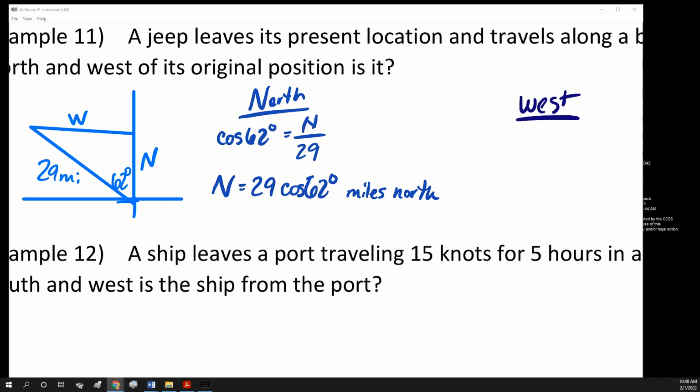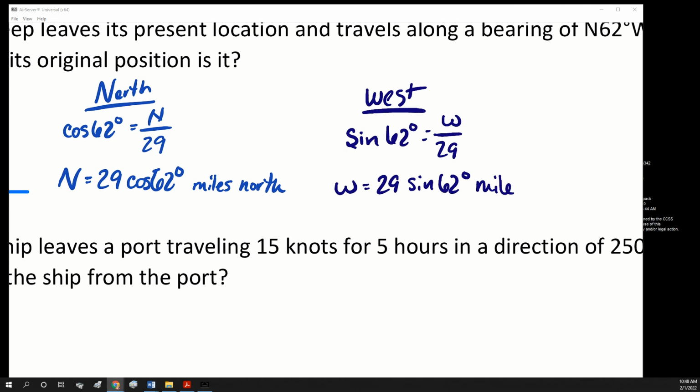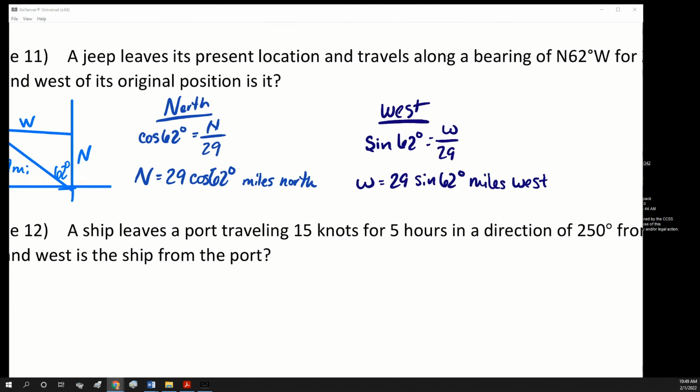So the sine of 62 degrees is equal to the opposite over the hypotenuse, and then the variable is over pi, so you're going to multiply. Any questions? Okay, let's look at the next one.